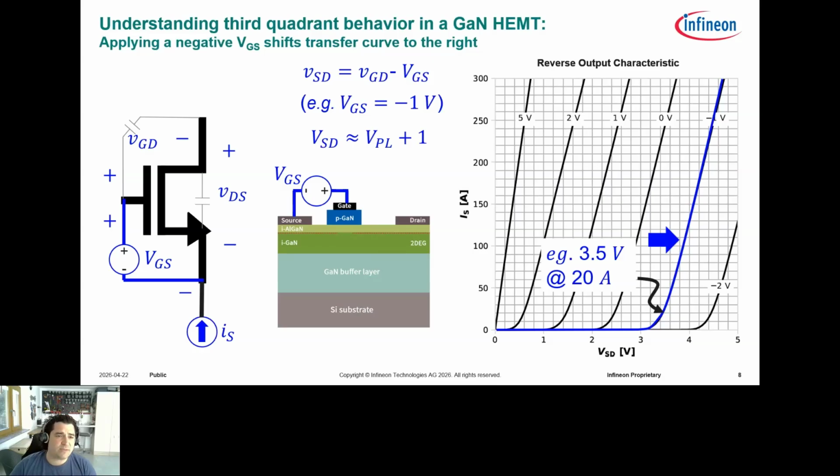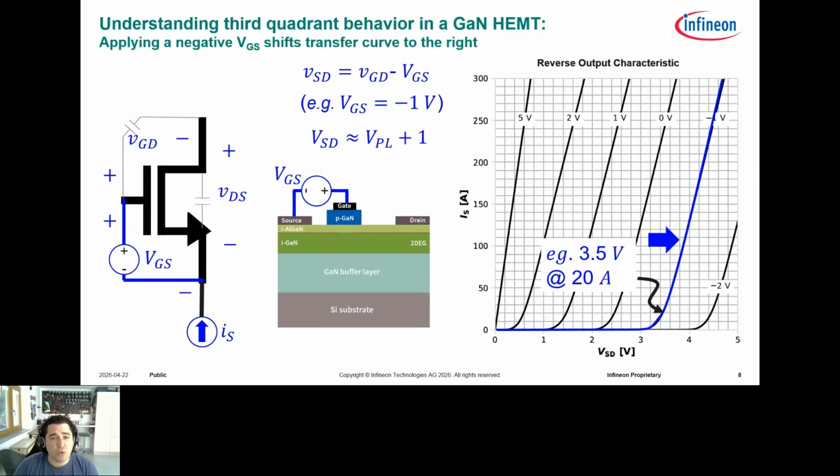So this is another way of saying that the more negative voltage we apply to the gate, the higher the body diode drop, or the VSD, is going to be during the dead time. But that's the bad news. The good news is we can actually leverage this in a very interesting way. So imagine instead of using -1 volt on the gate, imagine we used -100 volts.